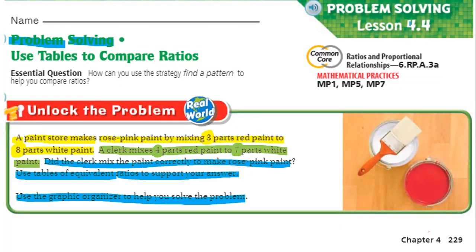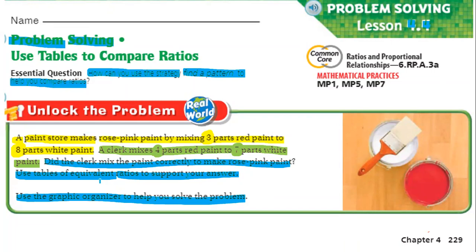In our today's lesson, lesson 4.4, the fourth lesson in chapter 4, the title is problem solving. So we need to solve this word problem. And how can we solve it? How can you use the strategy, find a pattern, to help you compare ratios?